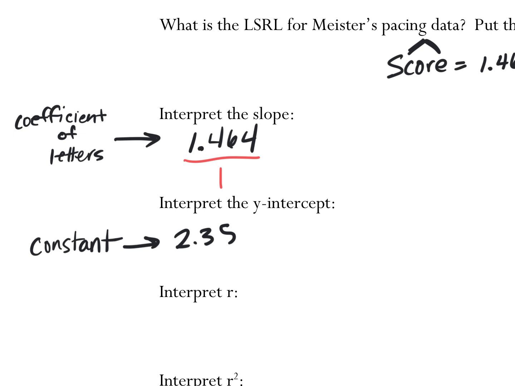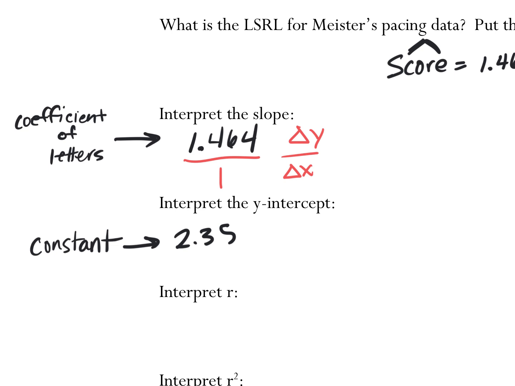What else do you think of when you hear the word slope? Rise over run. Sometimes I'm going to call that change in y over change in x. So which number goes with my change in x, the 1 or the 1.464? The 1. So the change in y is 1.464 when the change in x is 1.